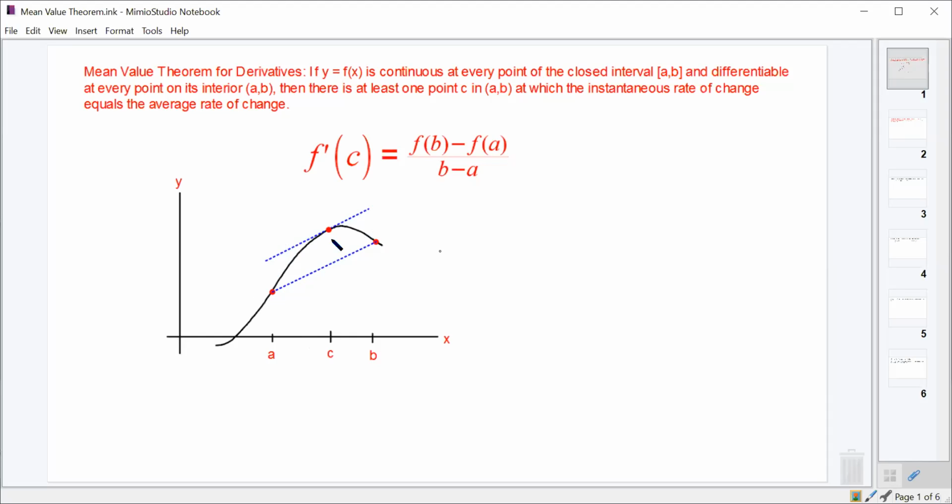There is at least one point where the instantaneous rate of change equals the average rate of change on the interval. So suppose I drew some function that looked like this, and I said, let's look from, I don't know, from here to here. We'll call this A and we'll call this B for now.